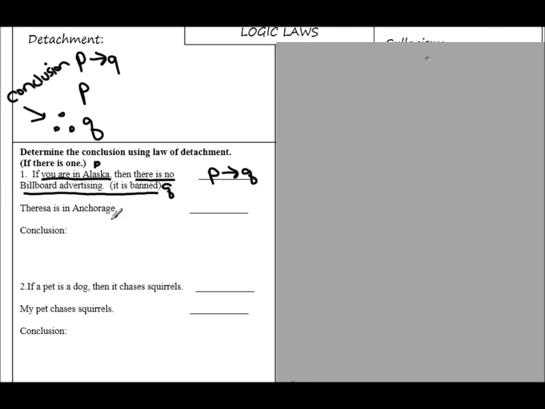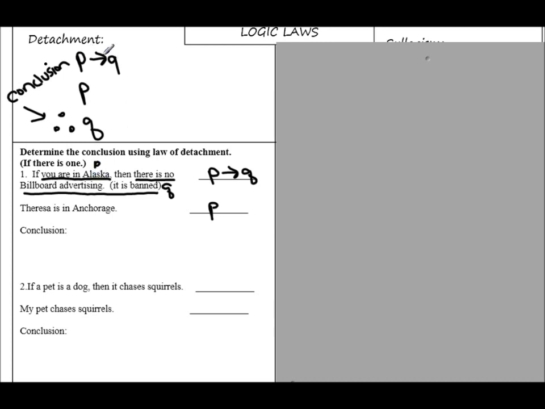Okay, now we're given a new piece of information. It says that Teresa is in Anchorage. Well, originally we were told that if you are in Alaska is our hypothesis. Well, Anchorage is also in Alaska. So what we've done here is we referred to our hypothesis, because Anchorage refers to being in Alaska.